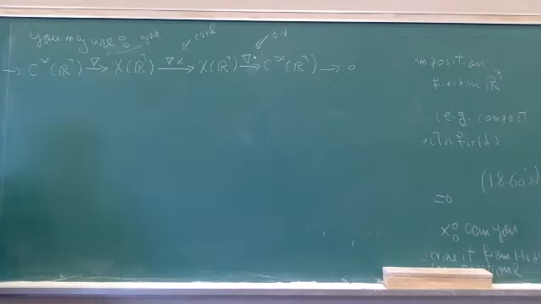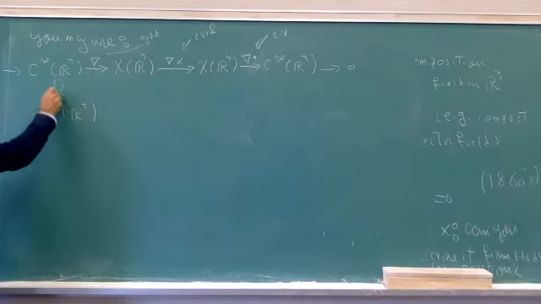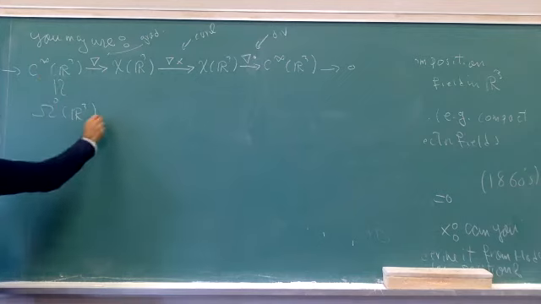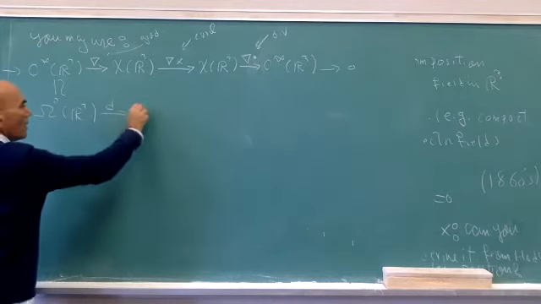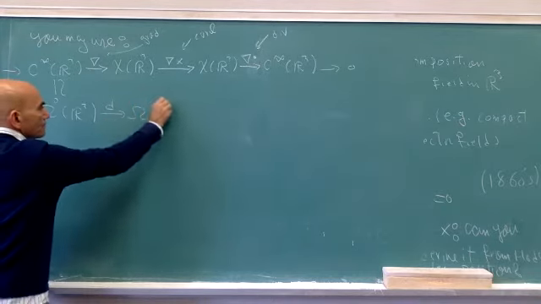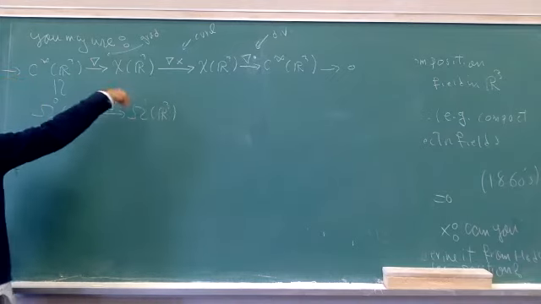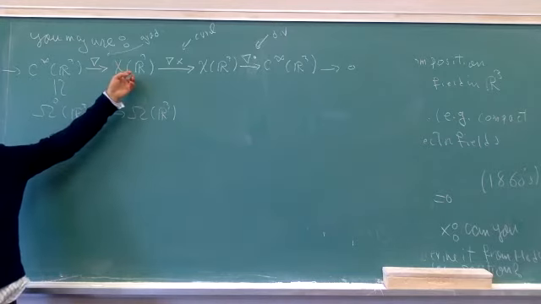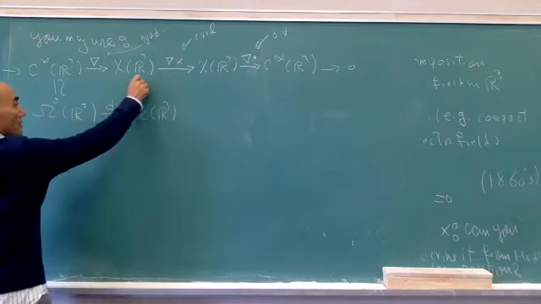Good. Now, I want to compare this complex with the de Rham complex of R3. So I get here again omega 0 of R3, which is exactly the same thing, right? And now I have d. So d, I go to omega 1 of R3. Now here I have to write an isomorphism between vector fields on R3 and one-forms on R3. So what is this isomorphism?